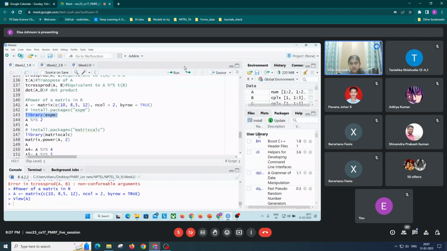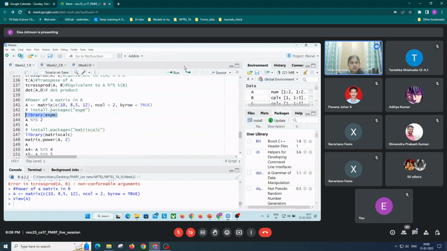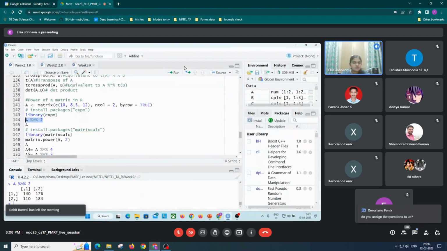If it's not there, you have to install it. I have already installed it, so I'll just load the library. We'll see whether other dependencies are causing problems.